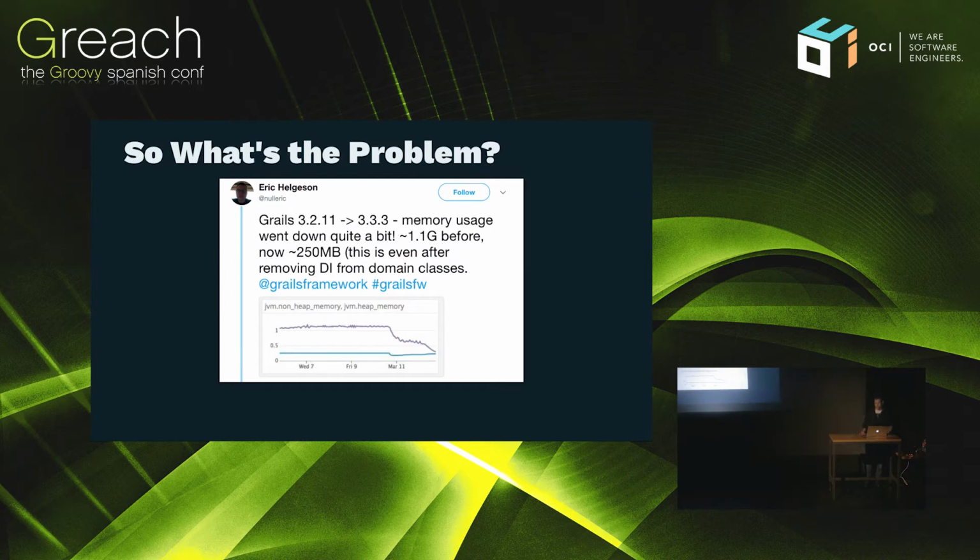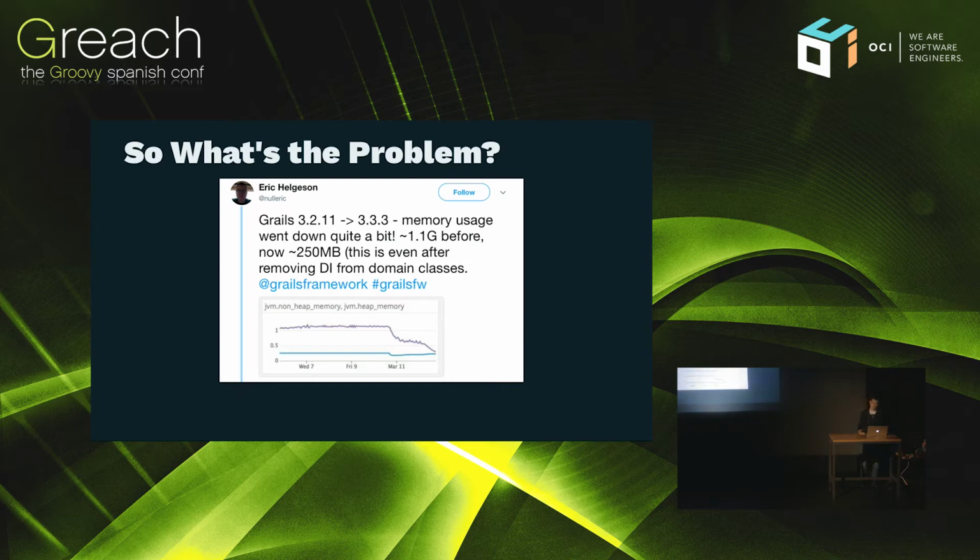Just as a reference point for this, this tweet was posted by Eric a few days ago, last week maybe. He upgraded from Grails 3.2 to 3.3 and noticed that his memory consumption went down from 1.1 gigabyte to 250 megabyte for a Grails application. The reason for this is because in Grails 3.3 we removed the ability to dependency inject domain classes.